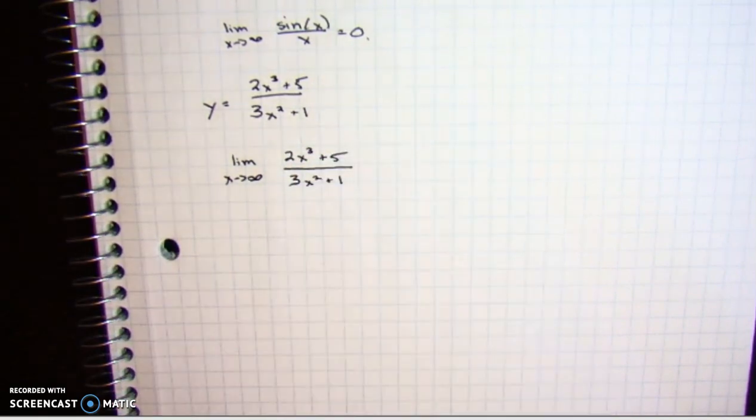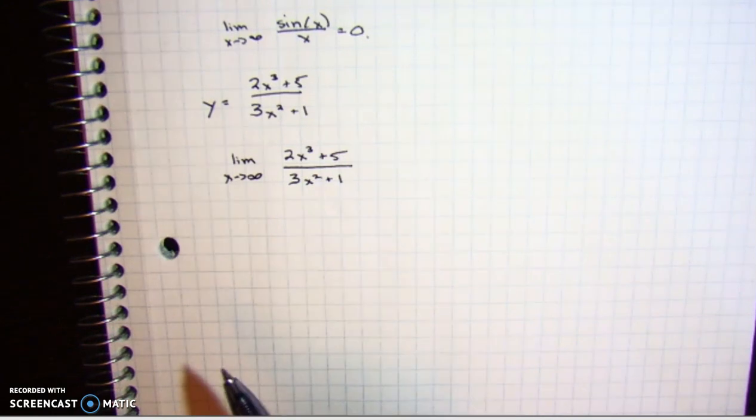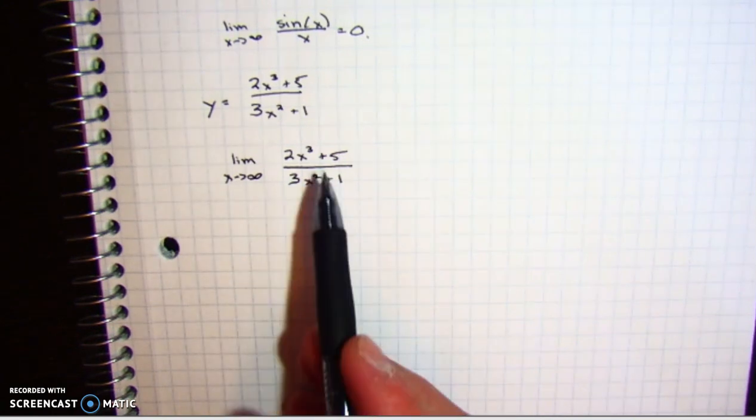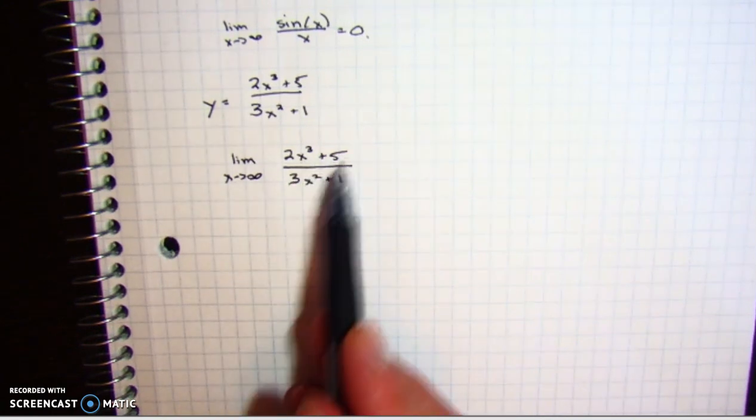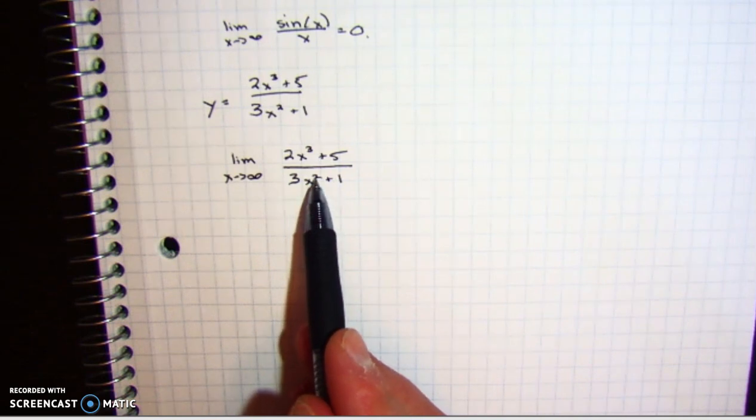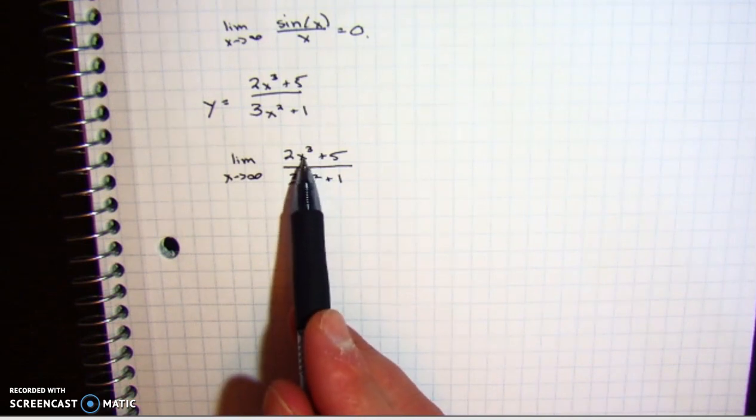So here's the technique: you take the highest order of the polynomial. Looking at this, this one is squared, so that's 2, and this one up here is cubed, so that's 3.